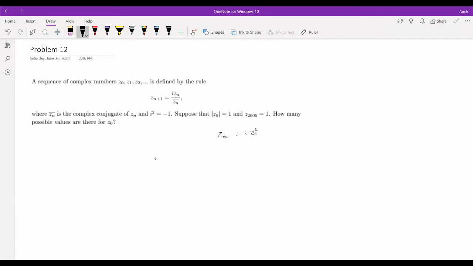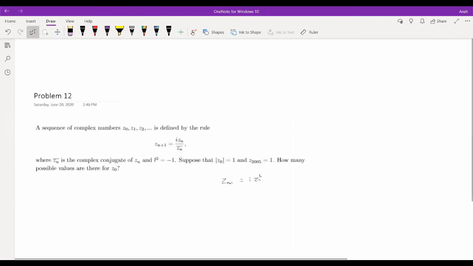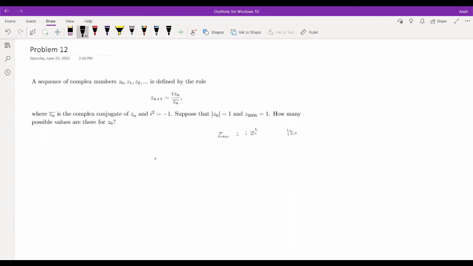As we continue, we know that z of 0 has a magnitude of 1, and i has a magnitude of 1. So if z of n has a magnitude of 1, then z of n plus 1 has a magnitude of 1. That means all of these terms, z of 1, z of 2, z of 3, and so on, have a magnitude of 1.